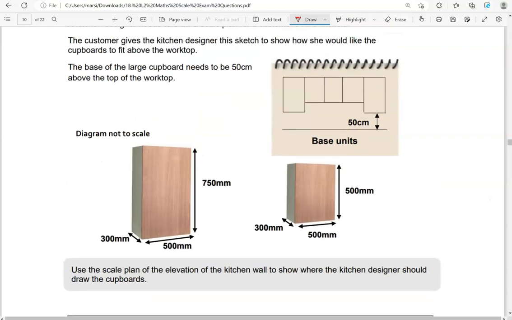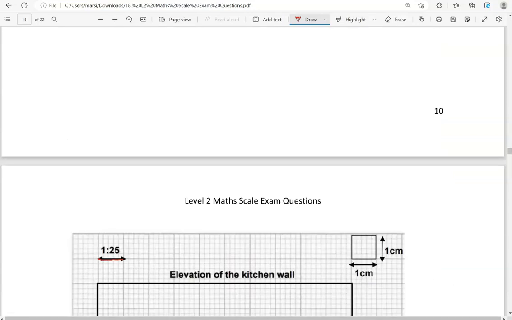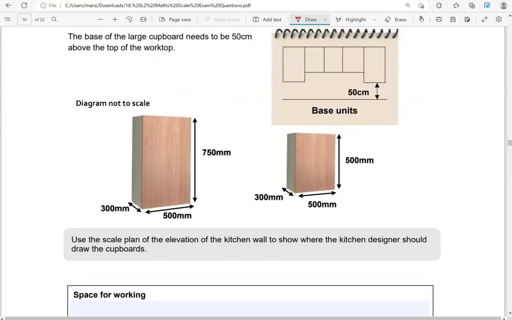So we've got these measurements in millimeters and some of them in centimeters. It makes sense to convert now. So I'm going to convert them all into centimeters because we've got centimeters being used here on the grid as well. So there are 10 millimeters in a centimeter.